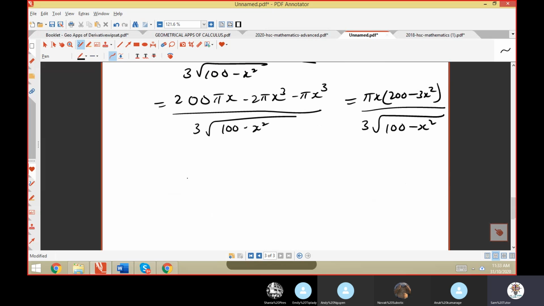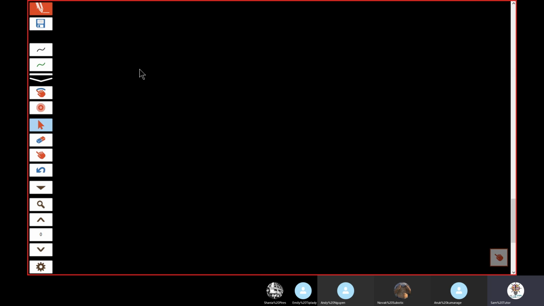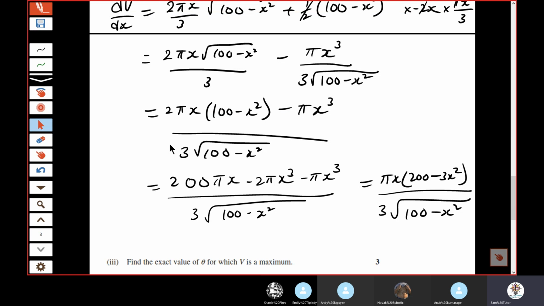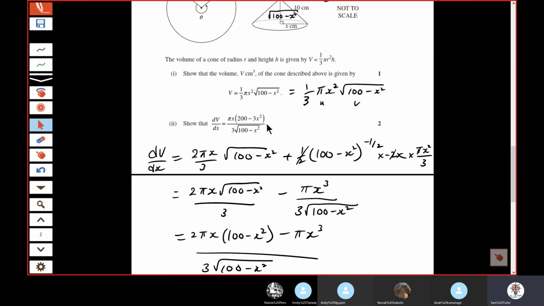Let's just talk about it first, because I'm thinking at the same time. So let's talk about what we have and what we need. If you want to find theta from volume, that means you technically need an equation that has V in terms of theta, right? What you have right now is V in terms of x.